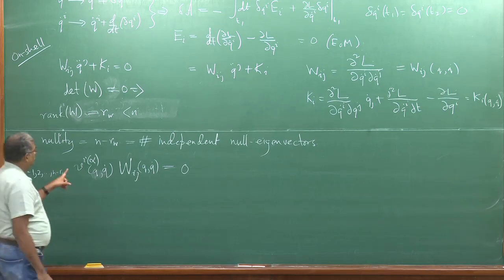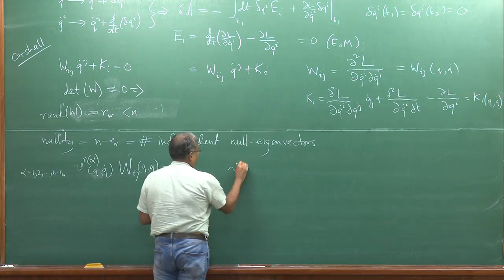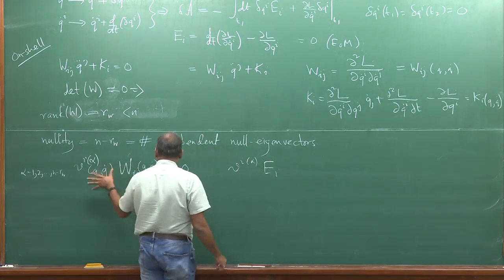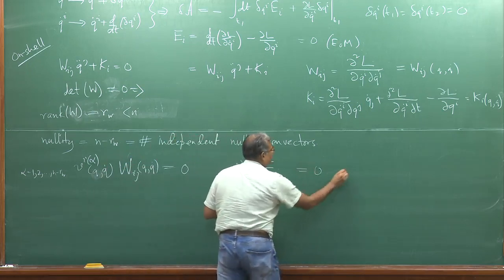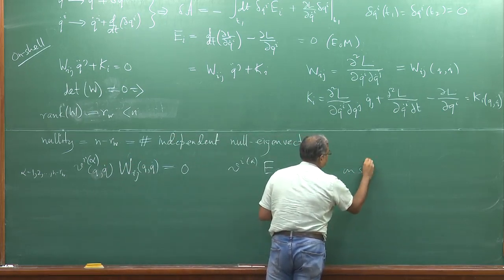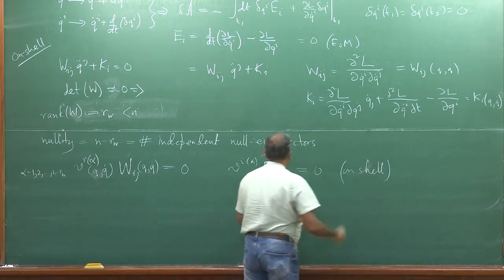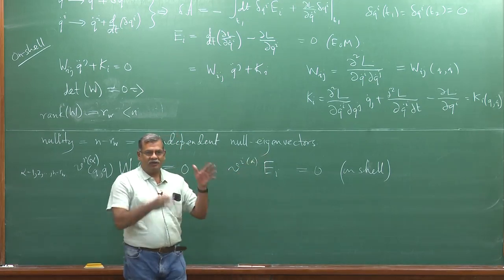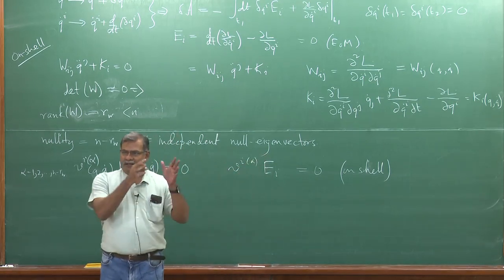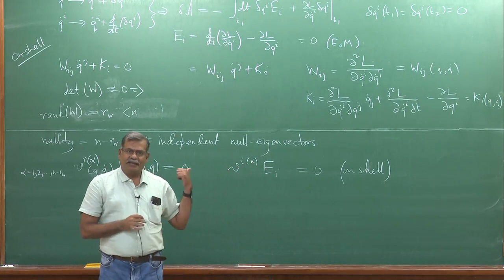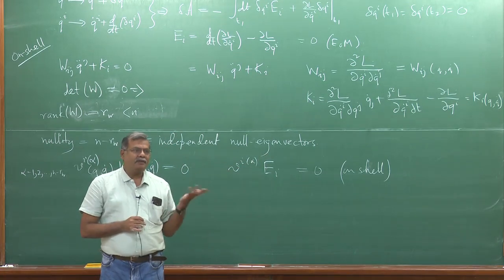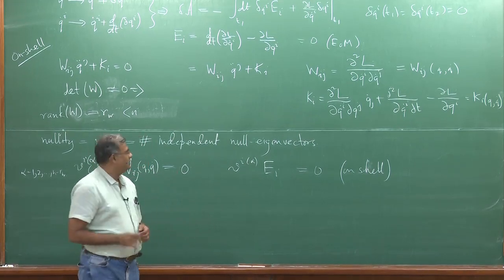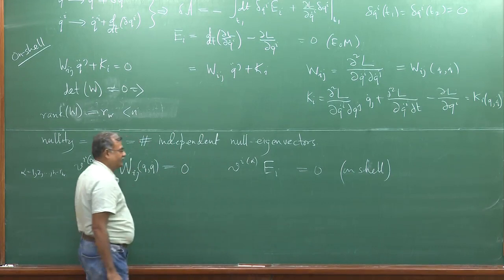Now, an immediate consequence of this, well, this is actually not even a consequence of this statement. This has to be 0 on shell anyway, right? That is, if I think of the E1, E2, E3, all these Euler-Lagrange equations of motion as components of a vector, and then dot it with this V vector, I must get 0, right? On shell, because on shell the E's are 0. That's it. So for this, you don't even need this.